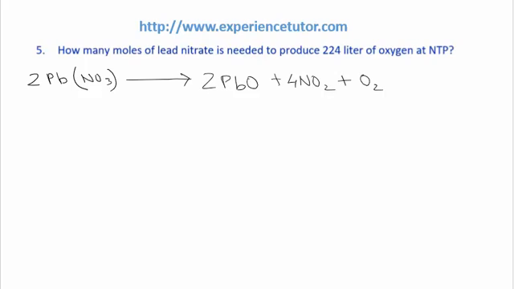Now 1 mole, or 22.4 liters O2 at NTP is equal to 2 mole of lead nitrate.